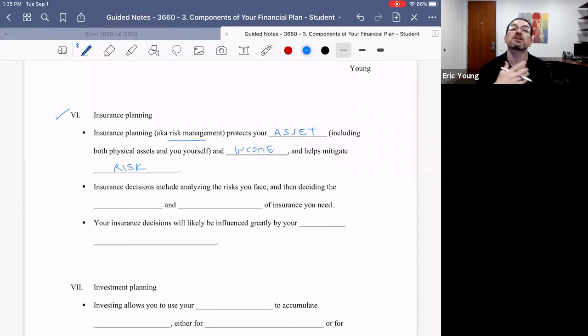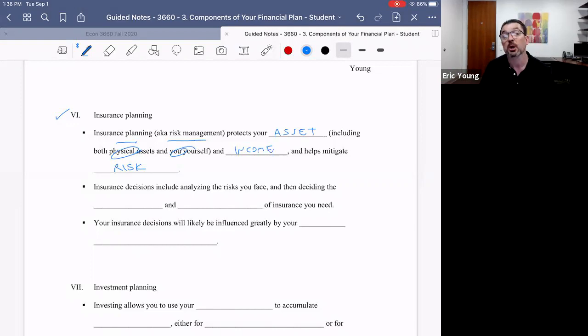Insurance planning is an essential part of prudent financial plans because you don't want to work hard to acquire something, including your own education and earning potential, and then see it somehow through the vagaries of risk in an uncertain world go away, be destroyed, etc.